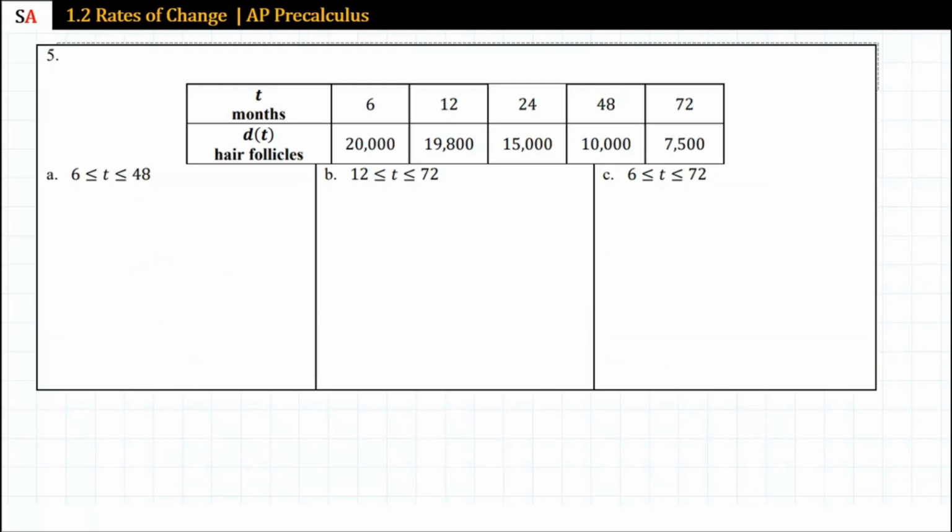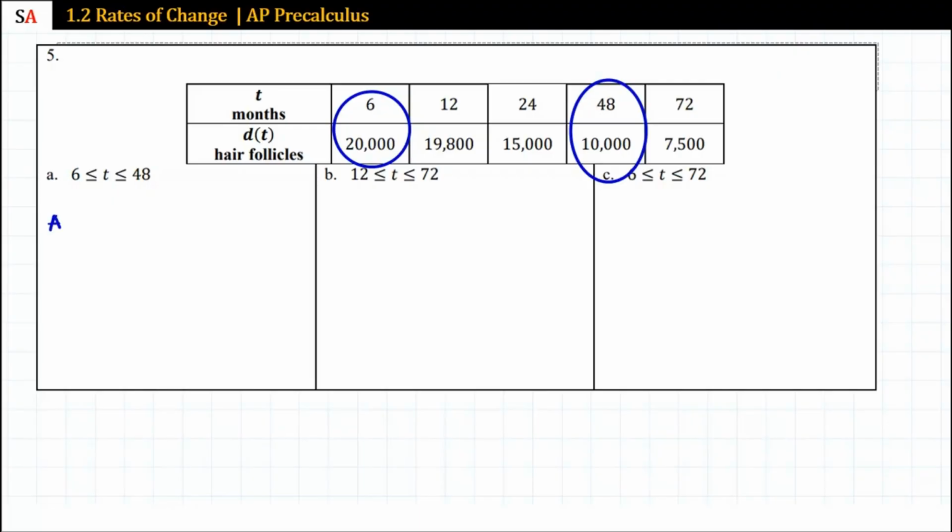Now let's see, here t in months is given and d of t, the hair follicles, is given, and we have the table of values. So we have to estimate the number of hair follicles per month between 6 and 48 months. The corresponding hair follicles are 20,000 at 6 and 10,000 at 48.